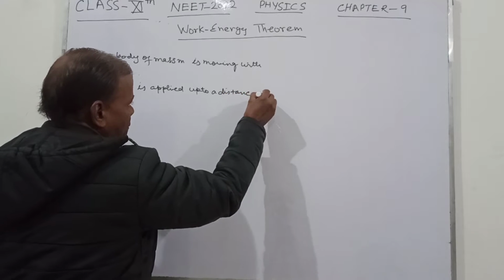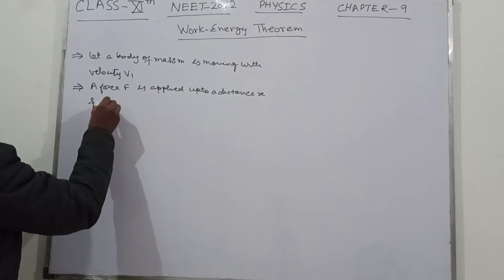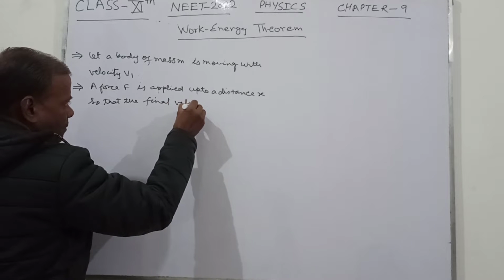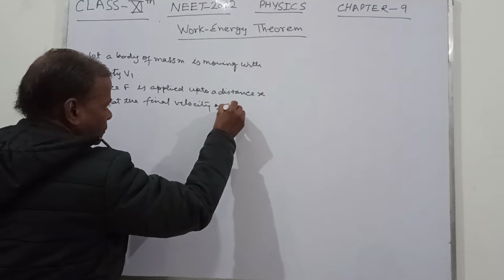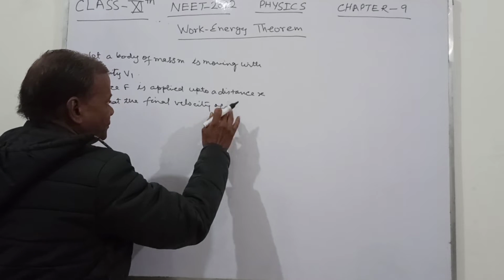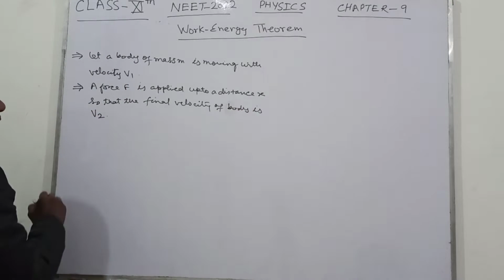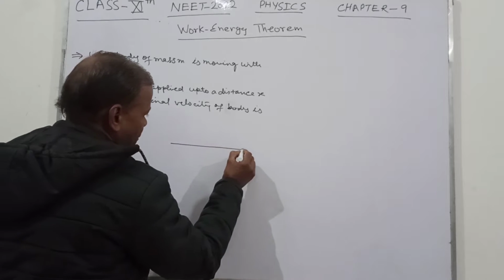A force F is applied up to a distance x, so that the final velocity of the body is v2.